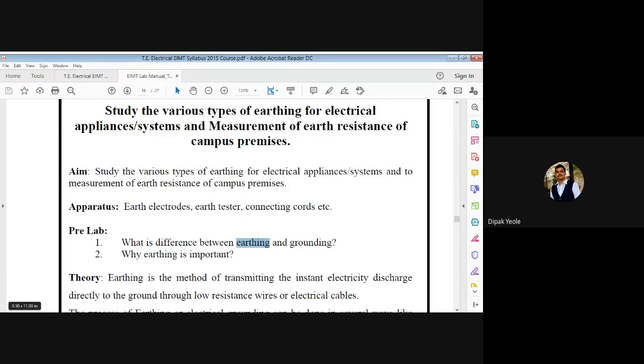The color we follow is obviously the green wire. This is related to the earthing, and the grounding is nothing but the third terminal available to provide the ground for our electrical appliance or equipment, which is called the ground.